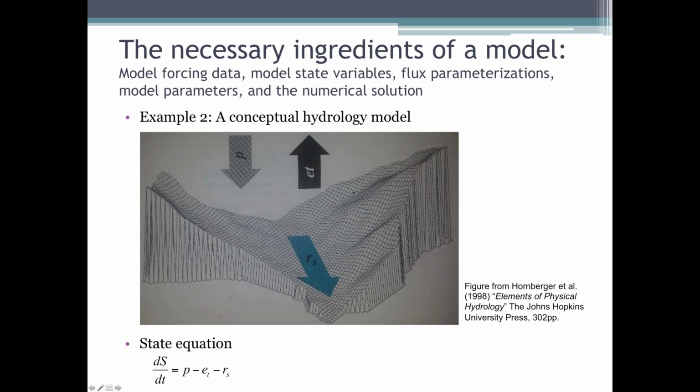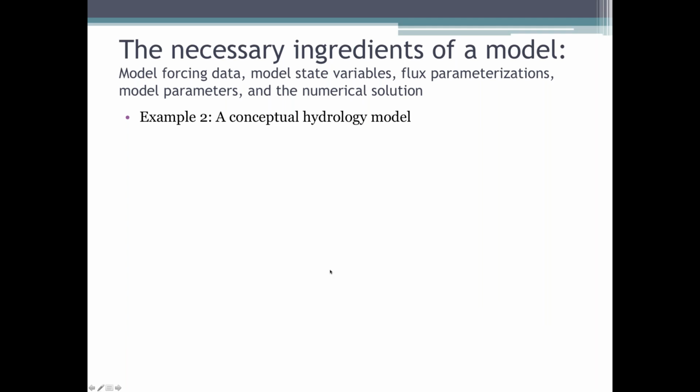P is precipitation, ET is evapotranspiration, and R is runoff. Our state equation is dS/dt, where here S is not snow storage, it's just water storage on the landscape. It equals precipitation, water in, minus evaporation, minus runoff, ways we can get water out.